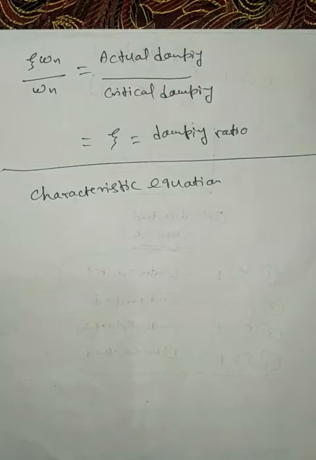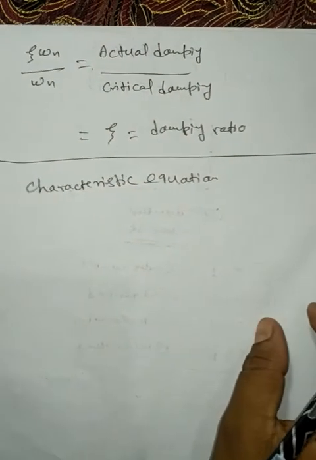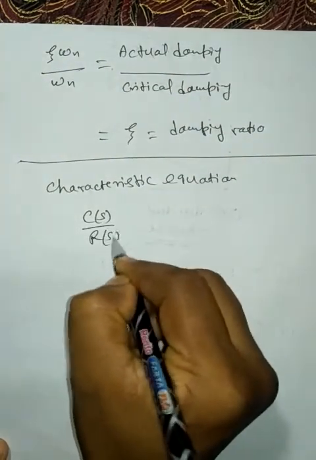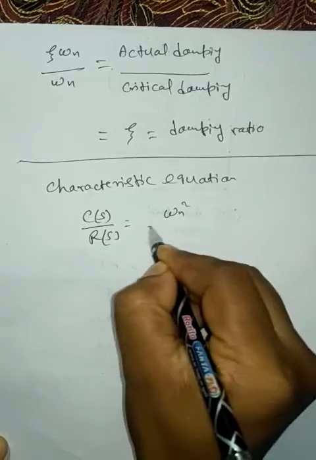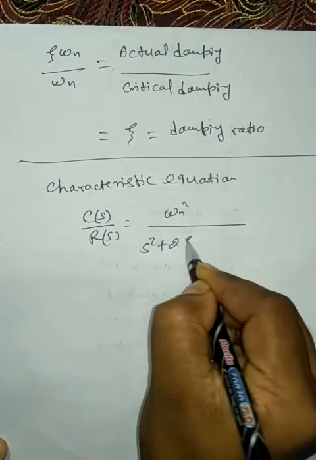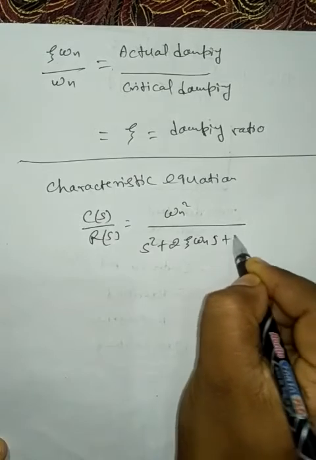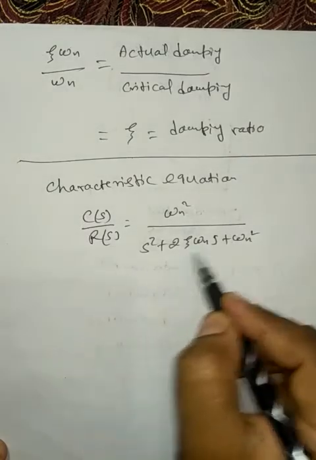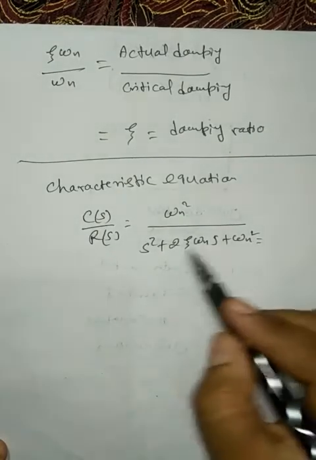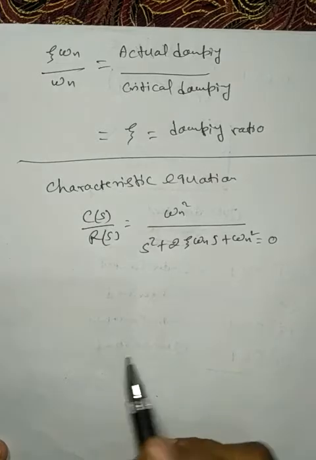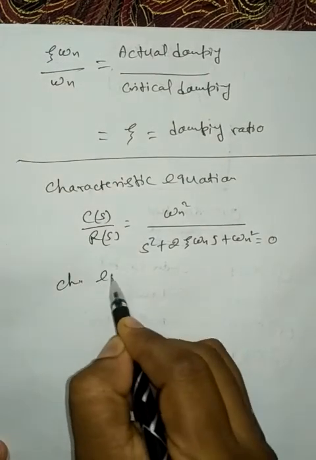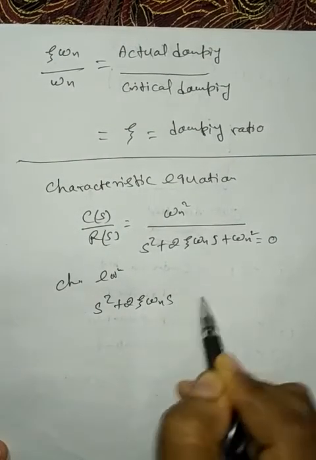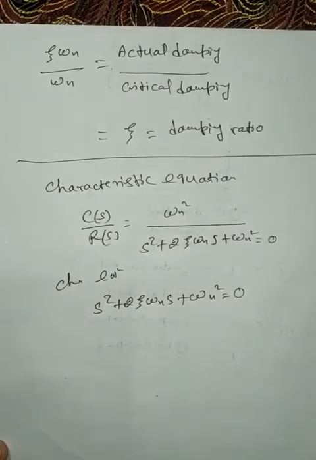What is the transfer function of a general second order system? C(s) over R(s) is equal to omega n square divided by s square plus 2 zeta omega n s plus omega n square. And the characteristic equation, when I put the denominator equal to 0, is s square plus 2 zeta omega n s plus omega n square equal to 0.